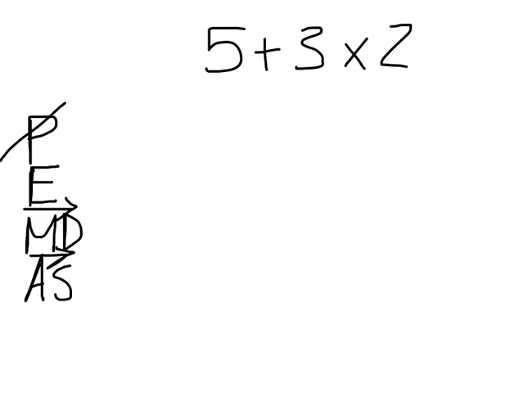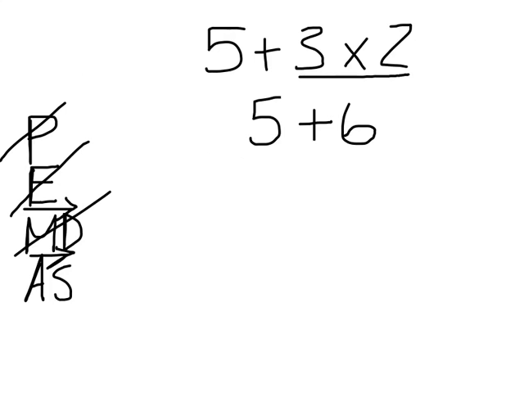I have no parentheses, and I have no exponents here. The first thing I need to do in this problem is multiply or divide. I'm going to do 3 times 2. What's 3 times 2? It's 6. And I can copy the rest of the problem down, just like that. Now I'm done with multiplication and division.